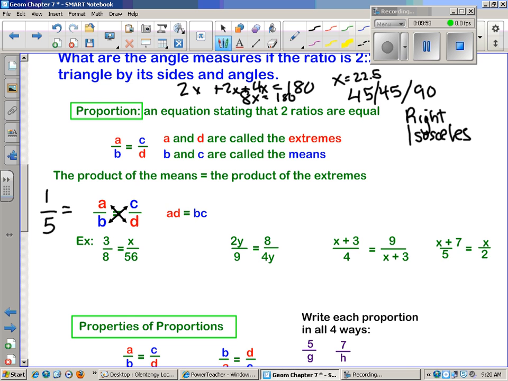So let's say I said they sold 10 sundaes. How many ice cream cones did they sell? 50, right? Because 1/5 and 10/50 are equal ratios. So that's what we call a proportion, when we set two ratios equal to each other.